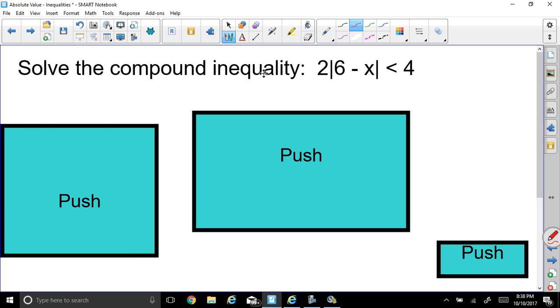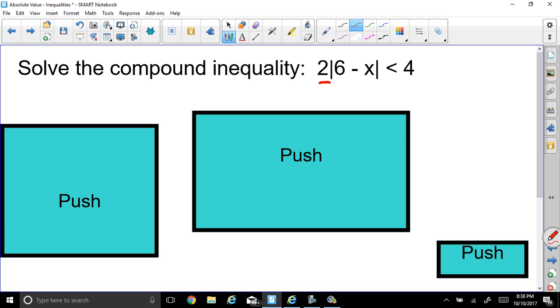All right, here's another one. Again, we want to isolate the absolute value because we have 2 times the absolute value of 6 minus x. Let's get rid of the 2 by dividing both sides by 2.